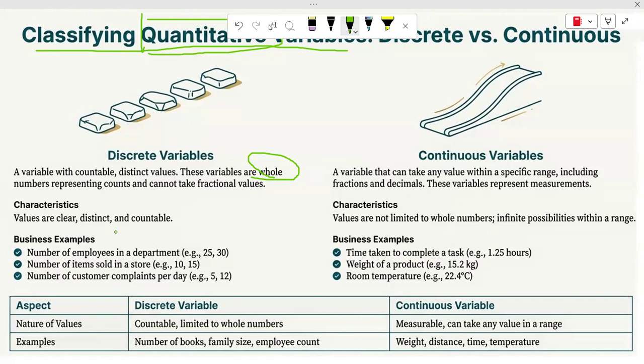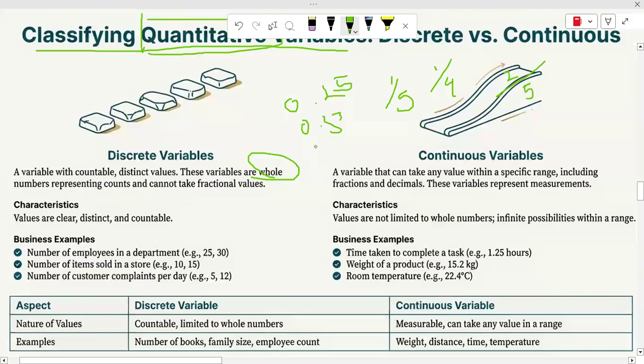It includes both whole numbers plus decimals and fractions. Fractions mean 1 over 5, 1 over 4, 2 over 5. Decimals are 0.25, 0.33, 0.967.